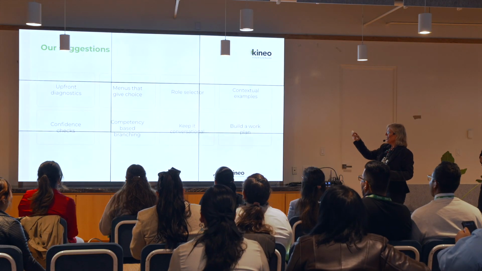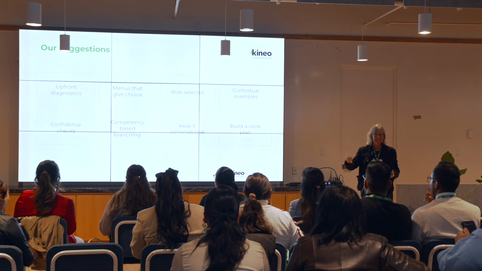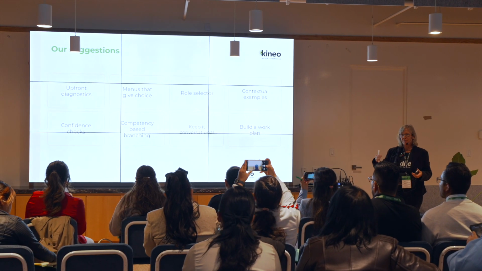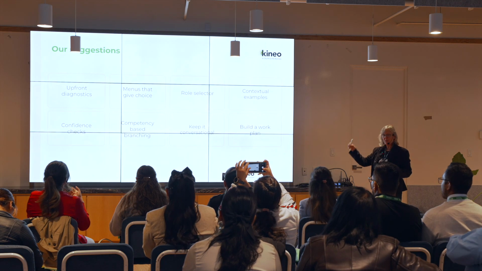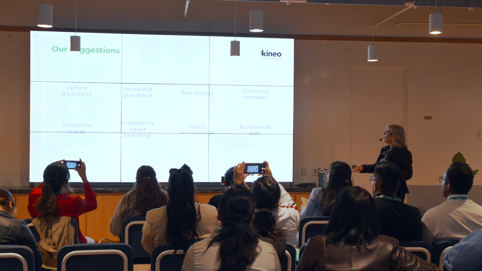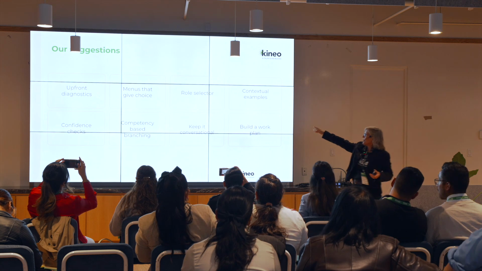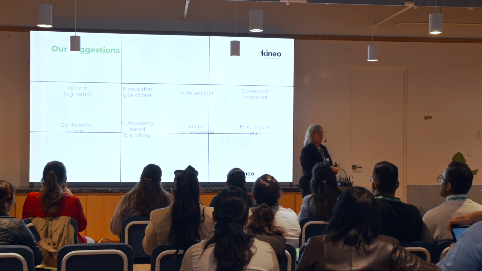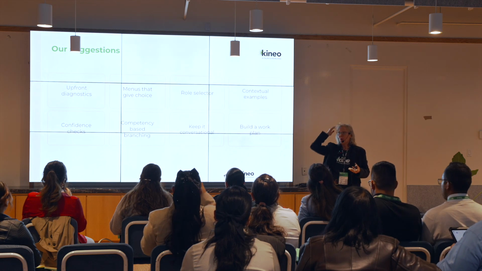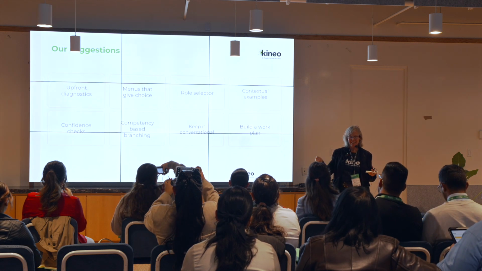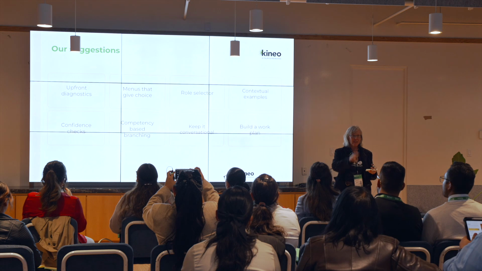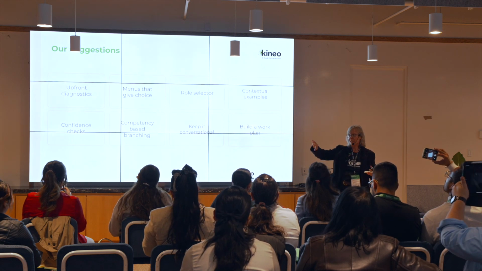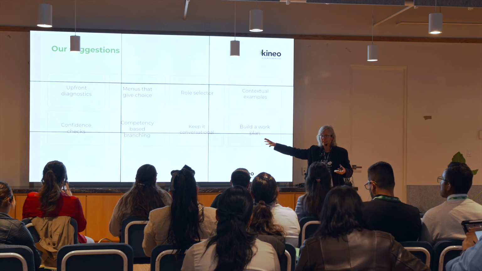I'll share some more. So upfront diagnostics, right? A test out function, a way to level up so you know where you're at. Menus that give people choice. I really liked the avatar you talked about. So this would be what we would call a role selector. An example I'm thinking of is a code of conduct course for BP, an oil and gas company. They have retail, they have office folks, and they have operations, the people who are out on the oil rigs.